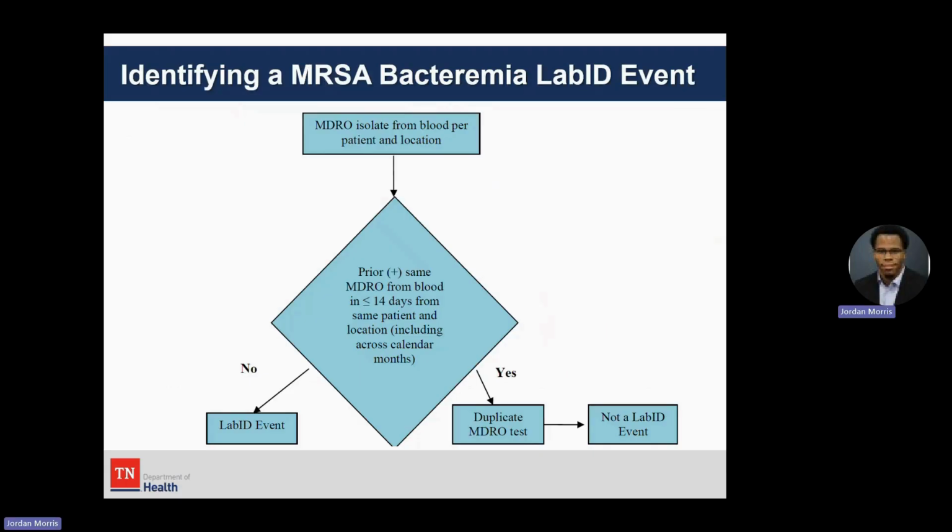Here's a flowchart to identify a MRSA bacteremia LabID event. As I said, if a patient has a prior positive MRSA isolate that was less than or equal to 14 days from the same patient and location, it would be a duplicate MRSA test. Now, if that is not the case, it would be a LabID event.